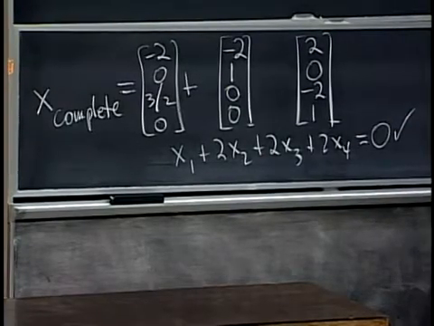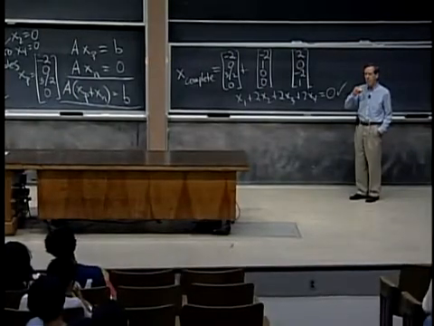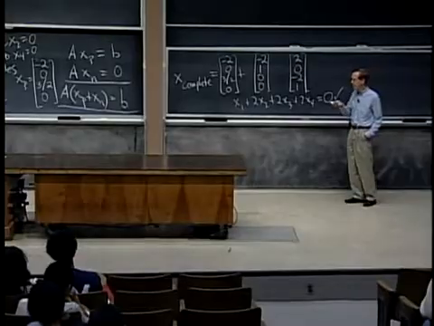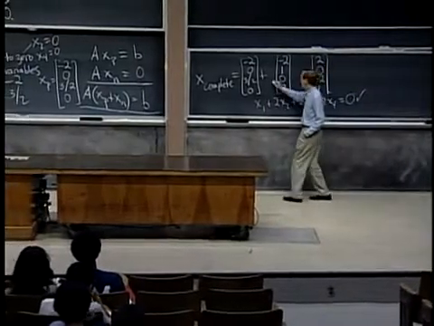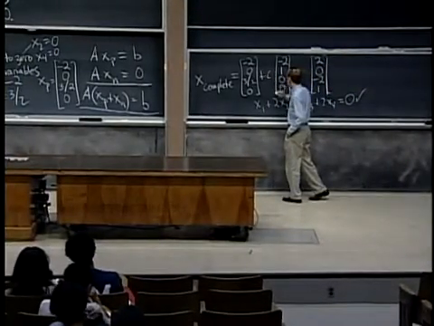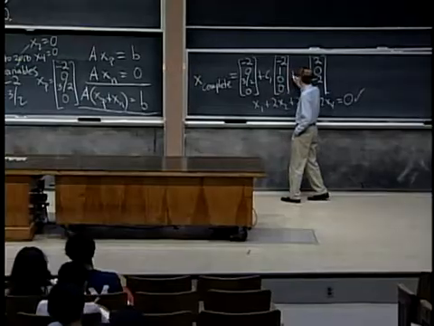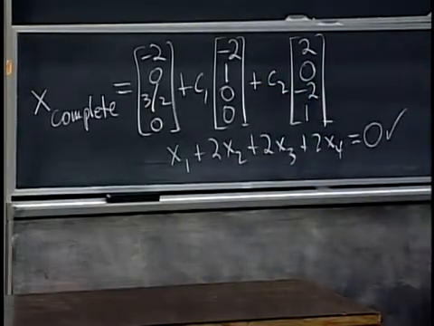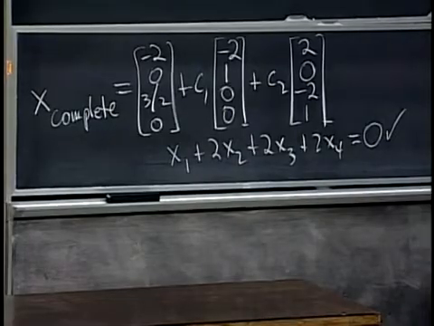What do we do to get the complete solution? I multiply this by anything, c1, say, and I multiply this by anything. I take any combination. You remember that's how we described the null space?